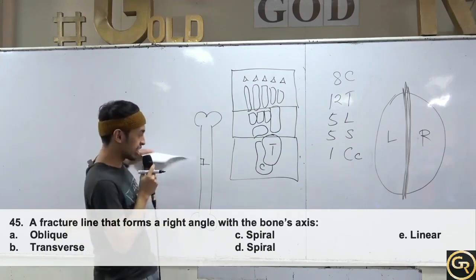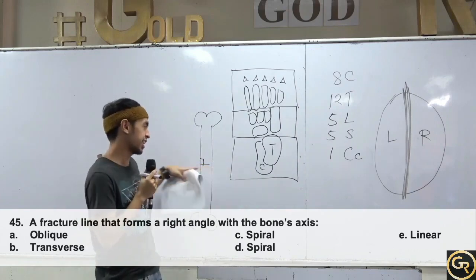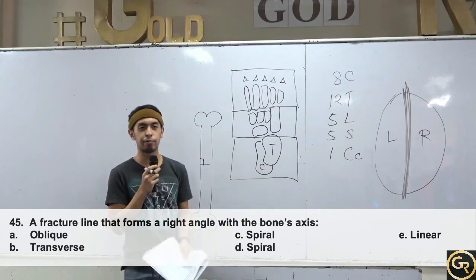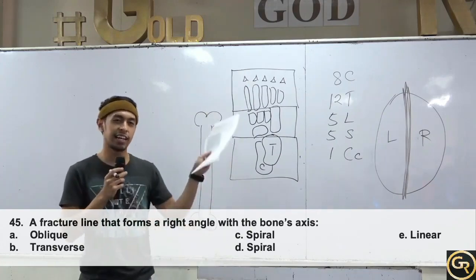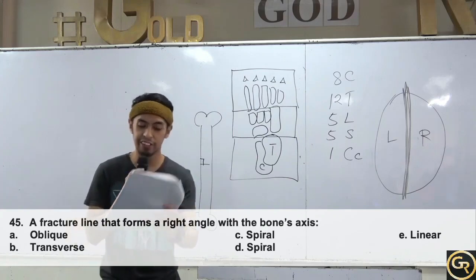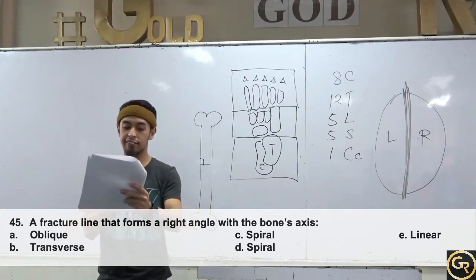Because a transverse fracture comes across the bone's axis. An oblique fracture would be a diagonal line of fracture. So for number 45 again, it's transverse.